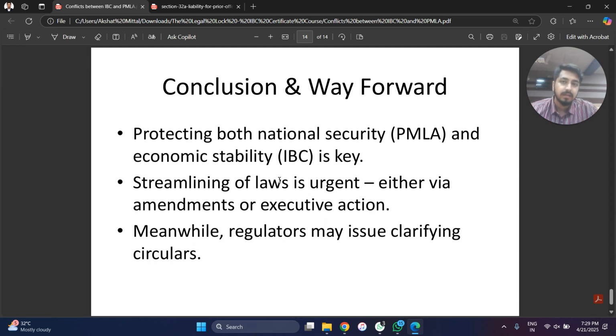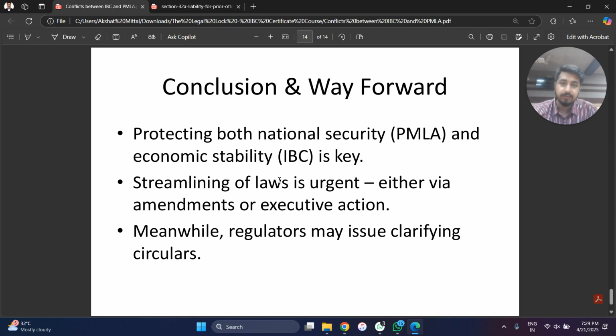But interestingly, after 9 years of IBC, financial creditors, which are the banks, are more inclined towards initiating SURFACE proceedings than IBC, because now there are so many cases of IBC in the NCLTs, and the institutional infrastructure is not so efficient or effective in resolving these cases. So the financial creditors are now again taking the route of SURFACE and proceeding towards debt recovery.